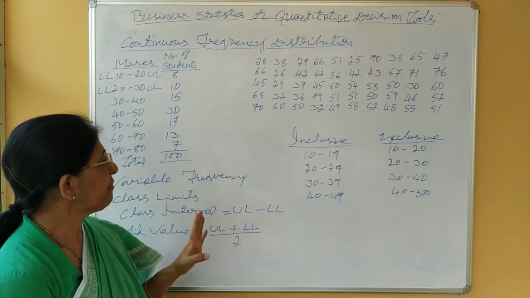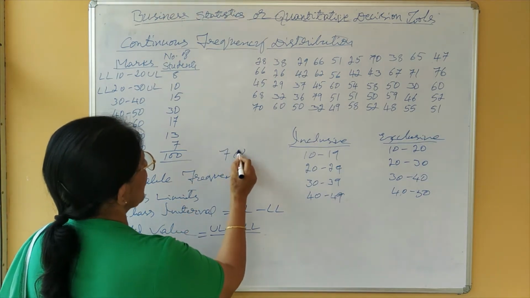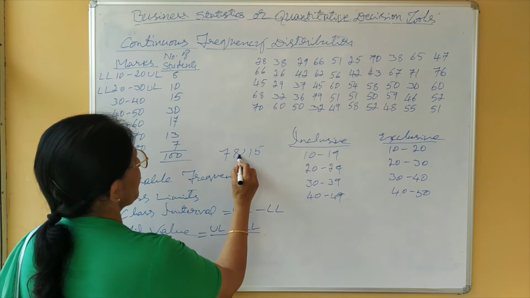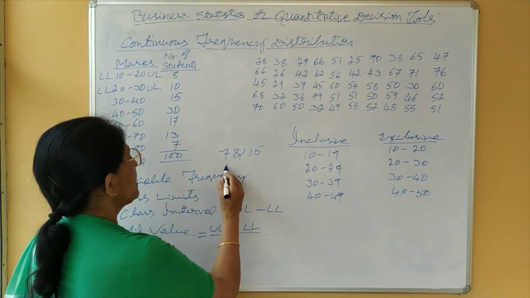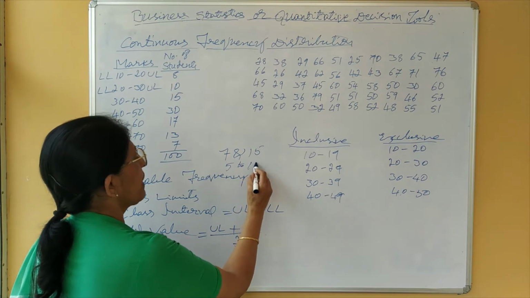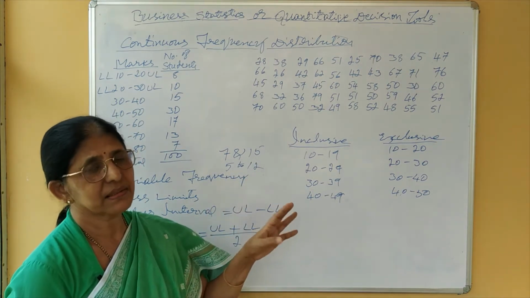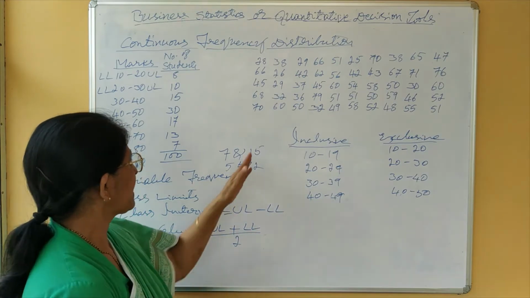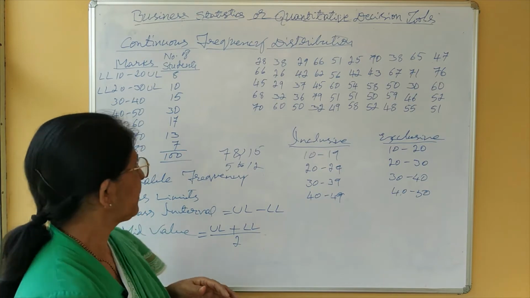As far as possible, this class interval must be common. The number of classes must be between 7 and 15, but it is not rigid. Practically, a minimum of 5 and a maximum of 12 are usually considered, because even 15 is considered too long a table.